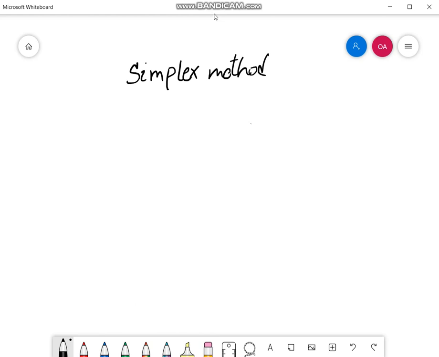So what is the big difference between linear algebra and the simplex method? When we have linear algebra, we have a system of equations. So let's consider this optimization problem. Assume you are working in a production line and you want to maximize your profit. So maximize z, which is your state variable, equal to 30x1 plus 20x2.